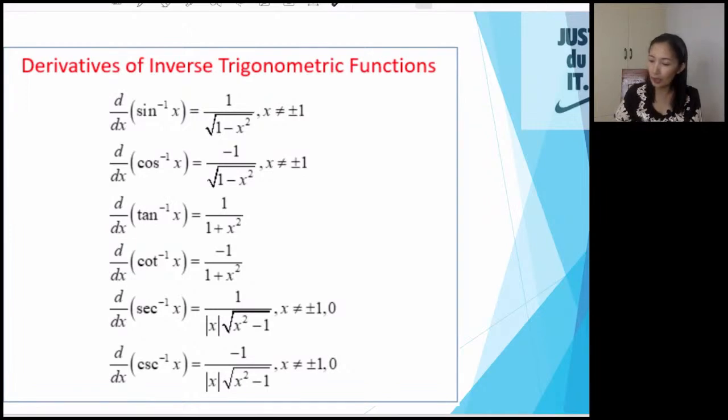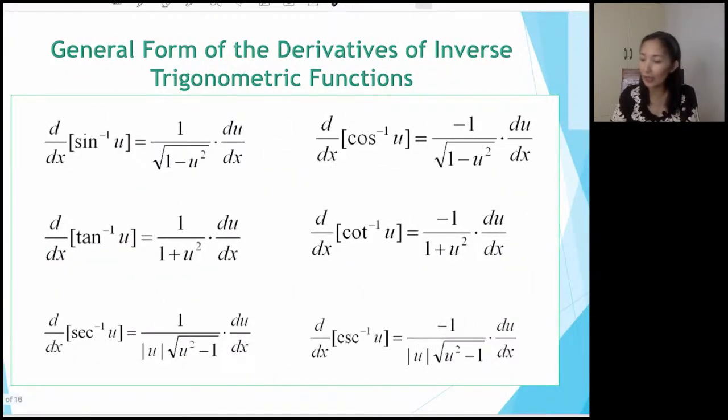Okay, prior to that, let's look into the general form first.